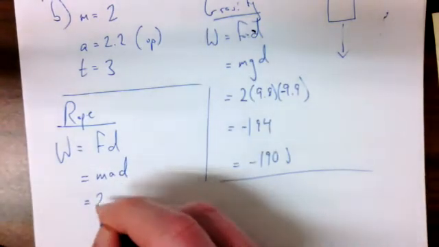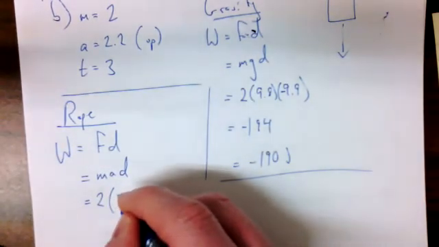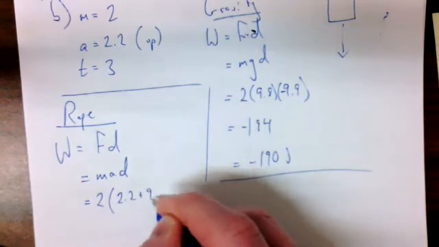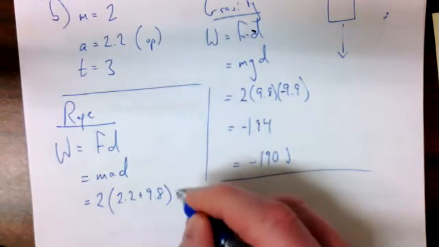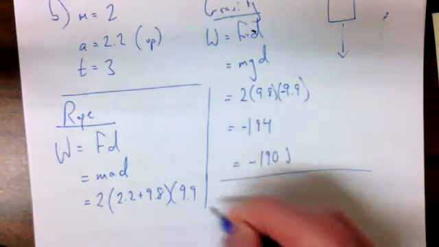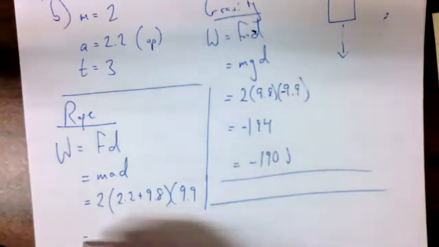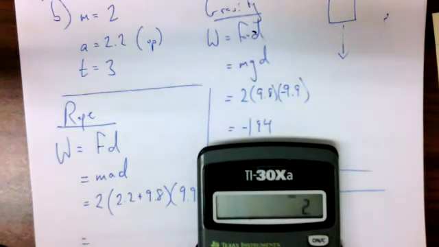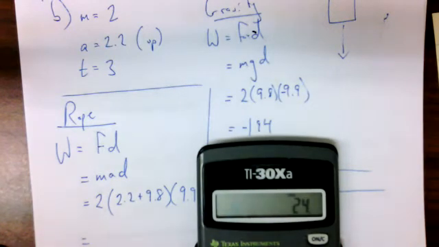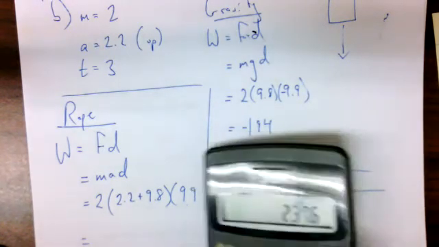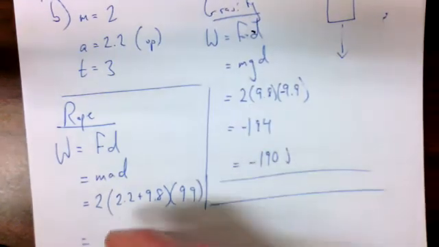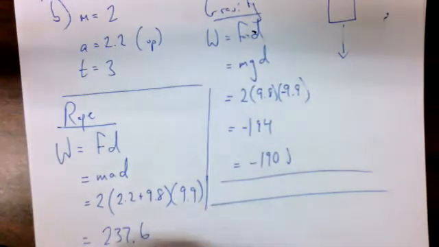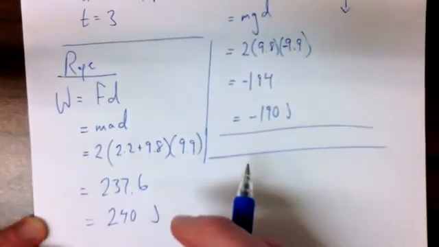So the mass is 2, the acceleration is 2.2 plus 9.8, and the displacement is 9.9. So 2 times 12 times 9.9 is 237.6, which is going to be 240 joules to the positive.